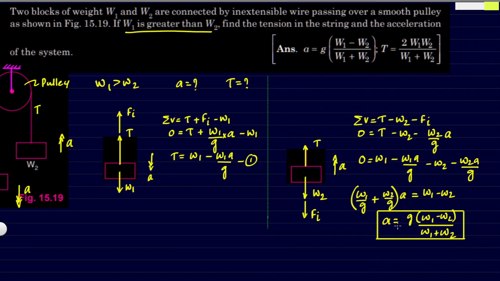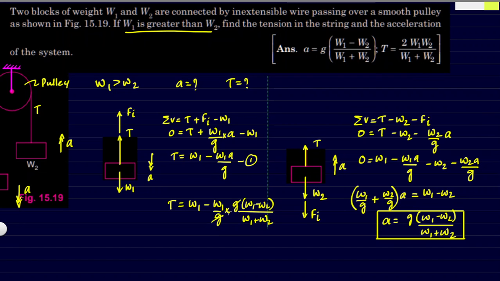Now, substituting this formula back into the formula for tension, we will get the formula for tension. So that is W1 minus W1 by g into a, so into g times (W1 minus W2) whole divided by (W1 plus W2).